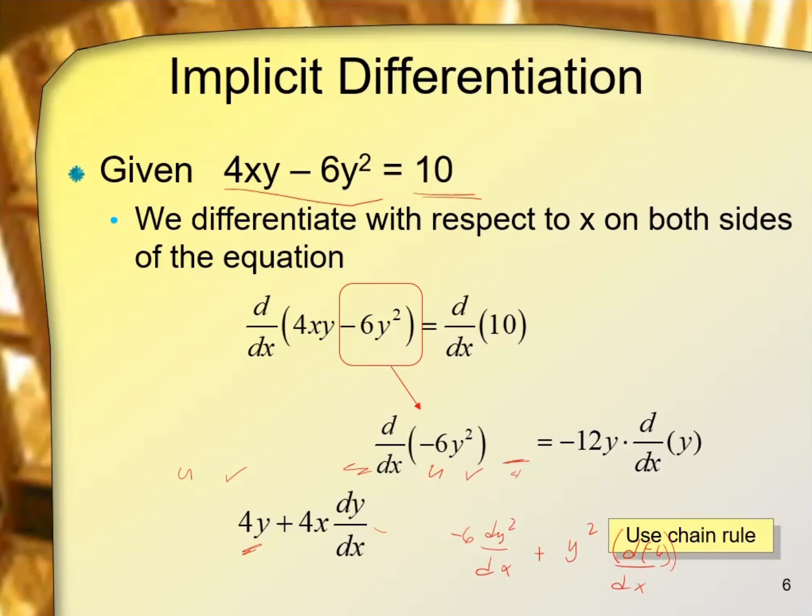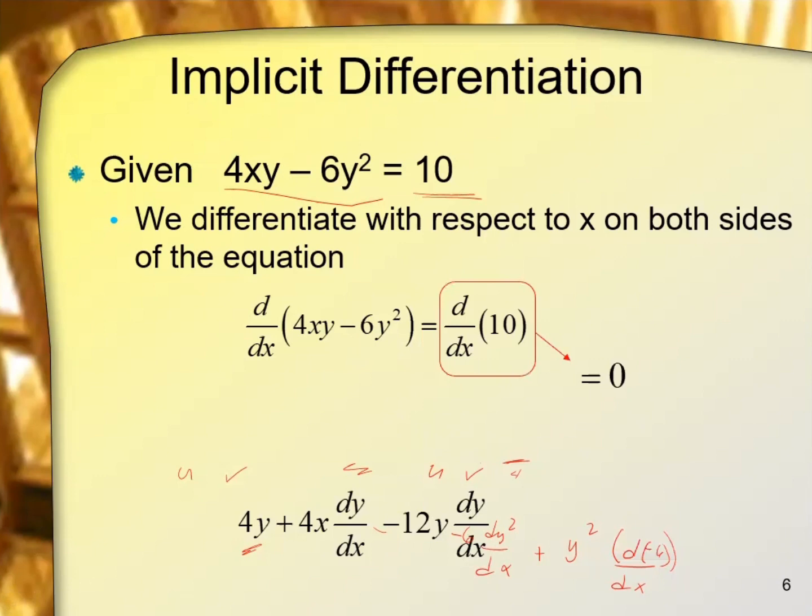Where did you get 12? That is from the derivative of y squared, which is 2y, times negative 6, so negative 12y. And since the derivative of 6 is 0, you cancel the next term. So the final answer is negative 12y times dy over dx, using the chain rule. And the derivative of 10 is 0. The derivative of a constant is always 0.